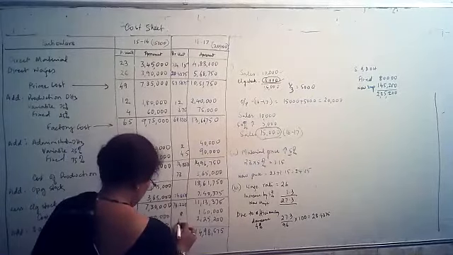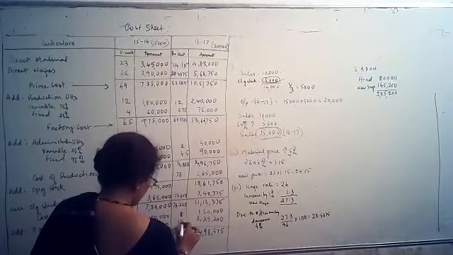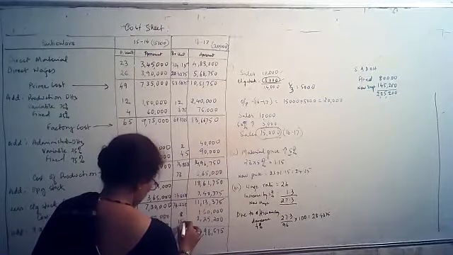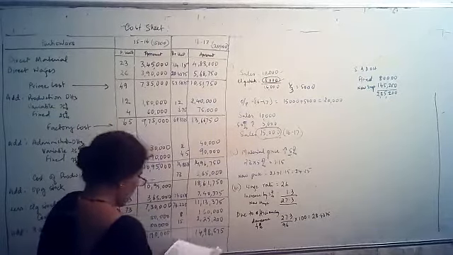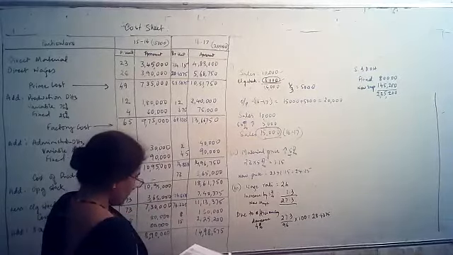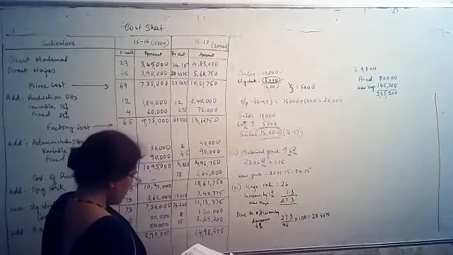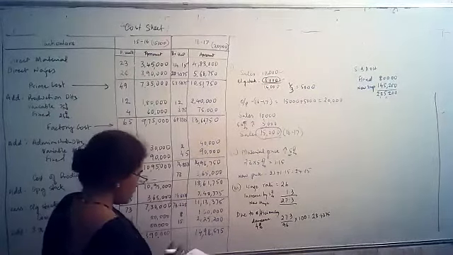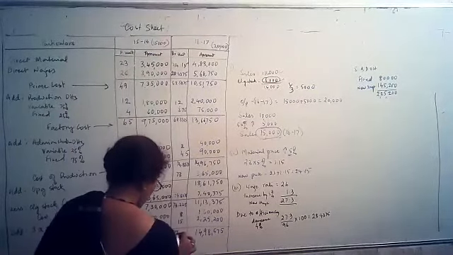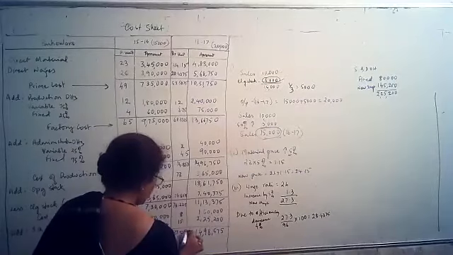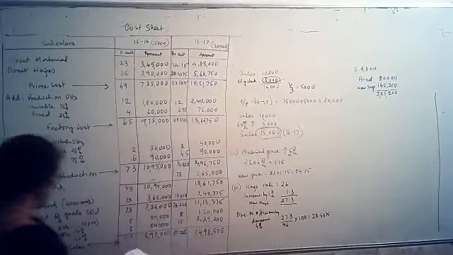This comes to 15 point. I will take it as 15 only. Add up 74.225 plus 8 plus 15. So 97.225. This is the total amount of my cost of sales.